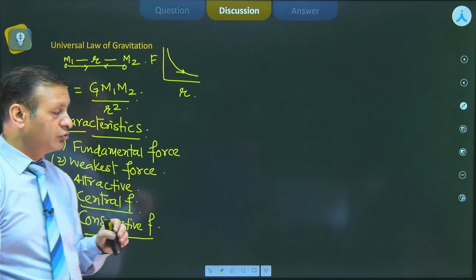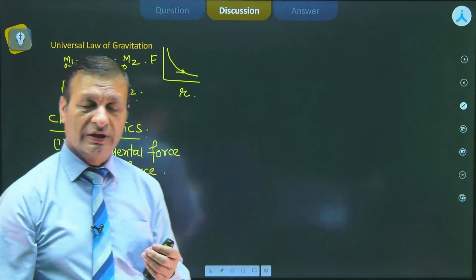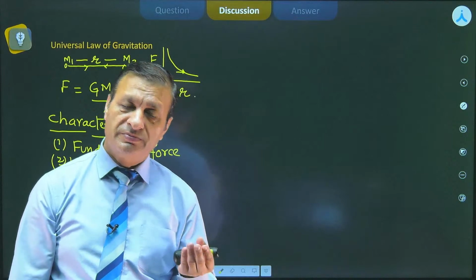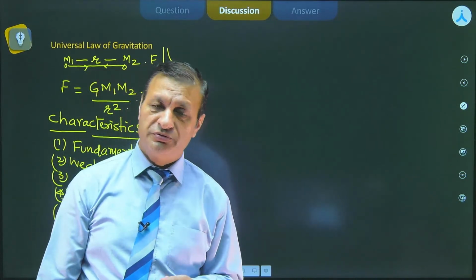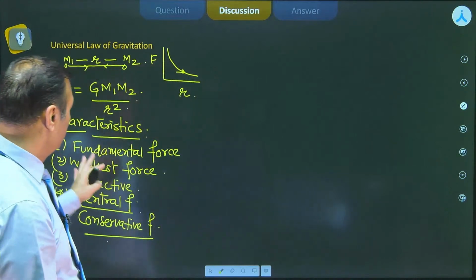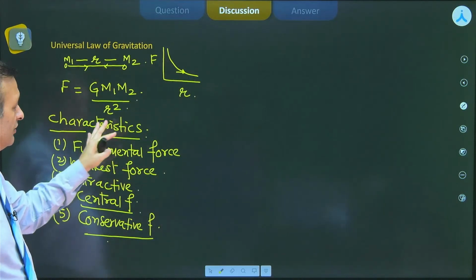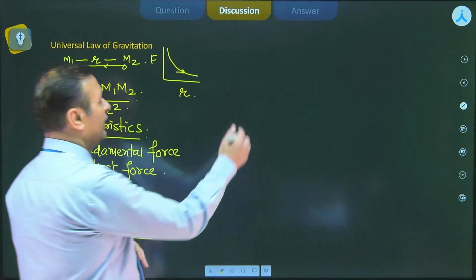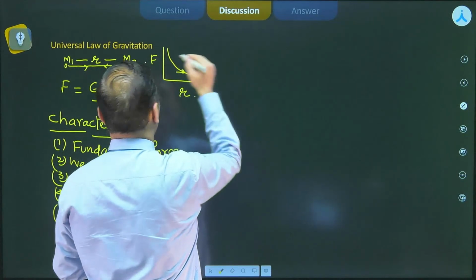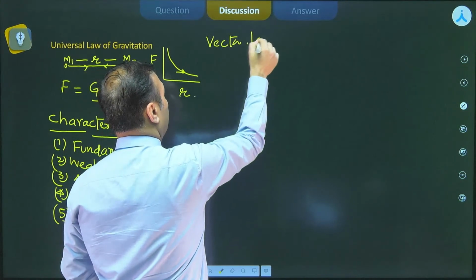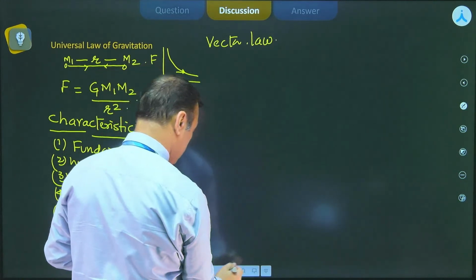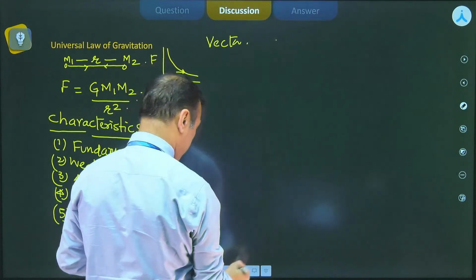Right? There are other properties also, like the superposition principle. We'll be discussing what the superposition principle is. For the time being, I think we have understood this part. Now the gravitational force in vector form.